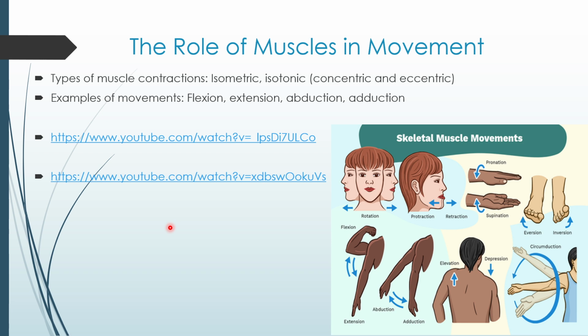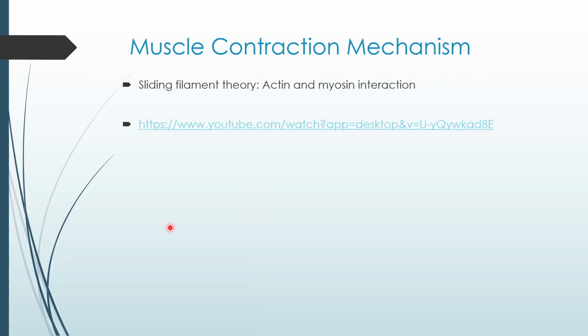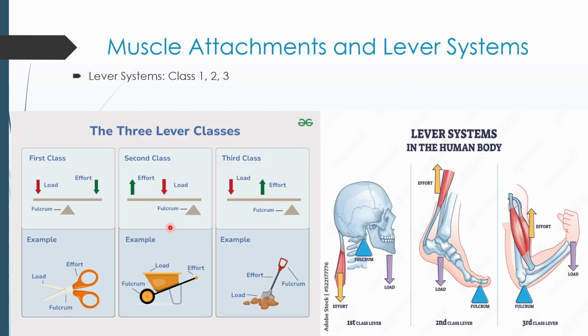How the muscles generate the forces is the theory we saw in our earlier slide, the sliding filament theory. Once you look into this video, where the links will be provided, you can get the exact idea of how things are generated using the sliding filament theory.